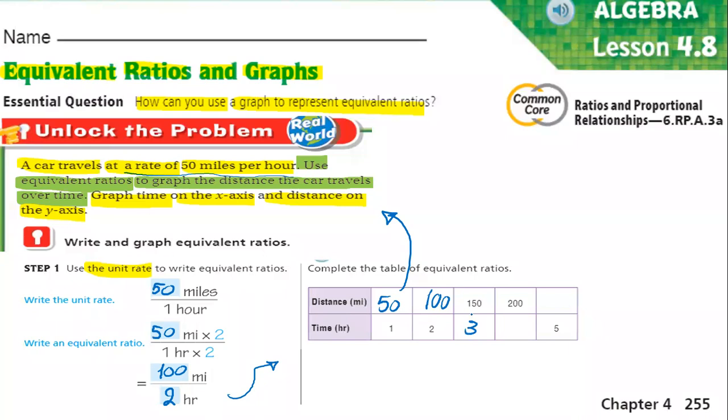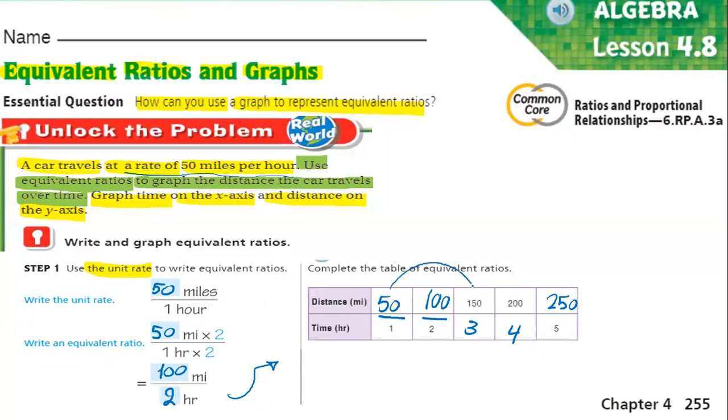3 hours: 150. When I move for 4 hours, the distance becomes 200 miles. When I move for 5 hours, it will be 250. Good job. So we completed the table by using equivalent ratios. This is the main ratio. When we multiply by 2, we got 100 over 2.